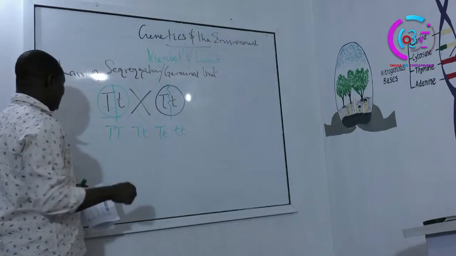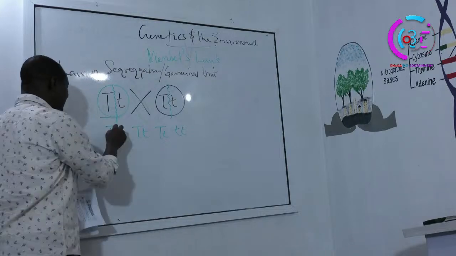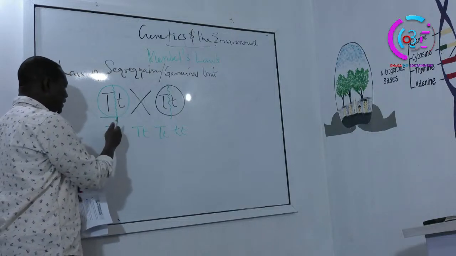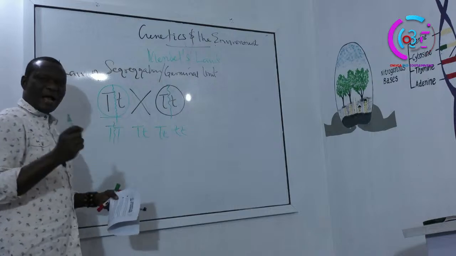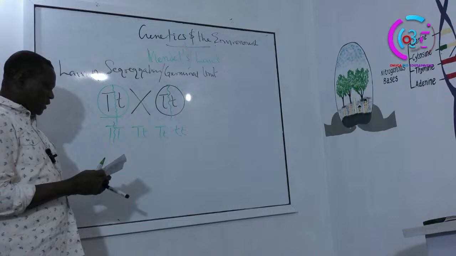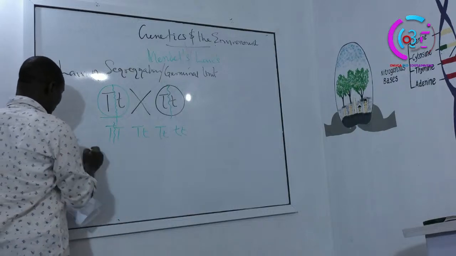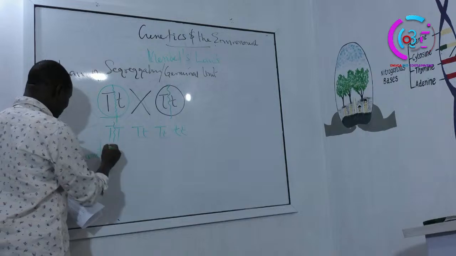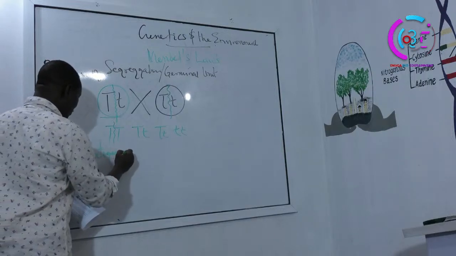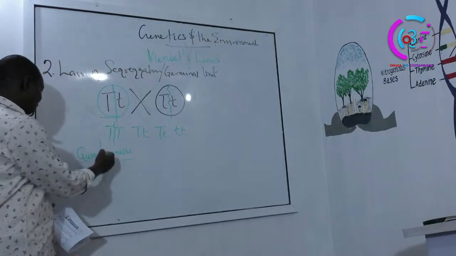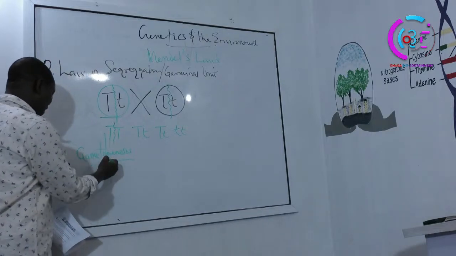However, each of these, either small letter or capital letter, will behave as a germinal unit during the process. So it was the first law of germinal unit which brought about what is regarded as gametogenesis, that is from gamete.